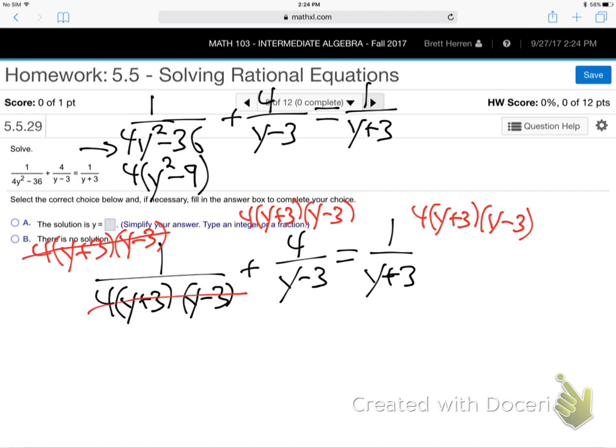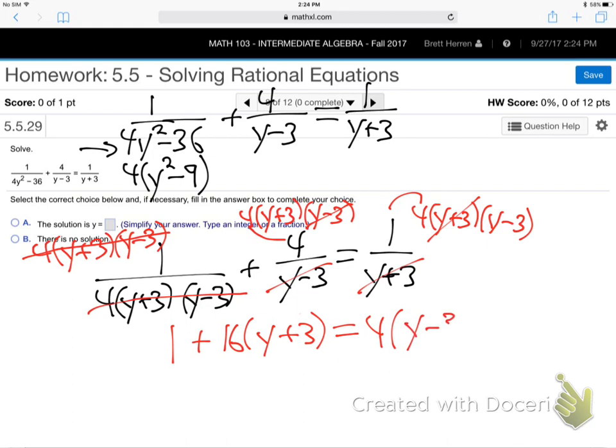This cancels, leaves 1. This cancels, what's left? 4 times 4 is 16, y plus 3, is that okay there? So far, then that's going to distribute. Y plus 3's cancel here. What's left? 1 times 4, which is just 4, y minus 3.